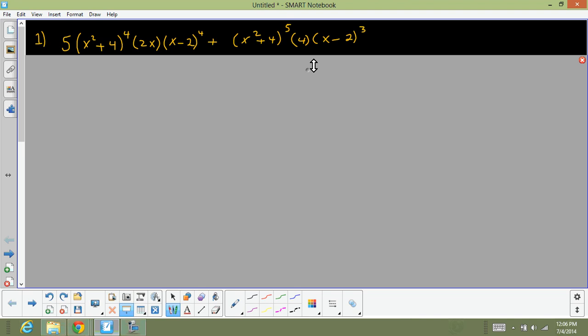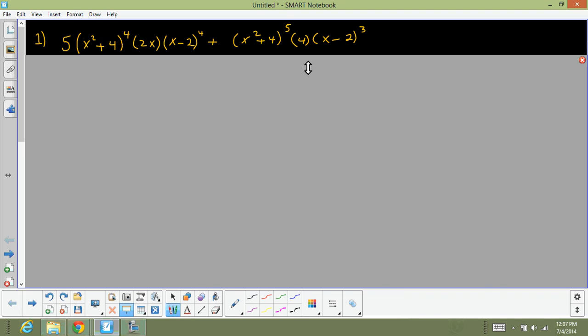If you want to, just stop the video at this point and work through the exercise. And once you think you get to the point that it would be completely factored, turn this back on and check your answer. I'll give you a second to stop the video and try to do this factorization.